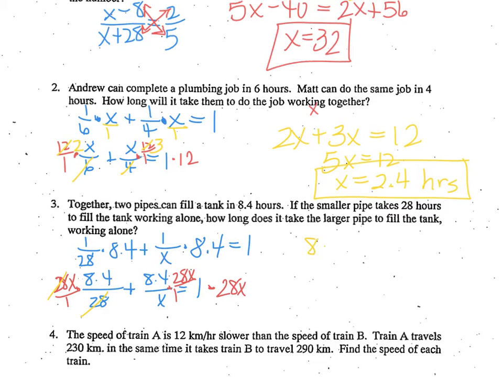I get 8.4 times x. And then the x's cancel, and I get 8.4 times 28, which is, I don't have it written down. I'll calculate that. Equals 28x.